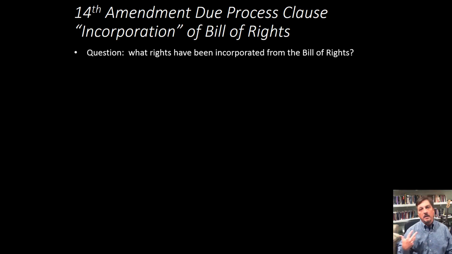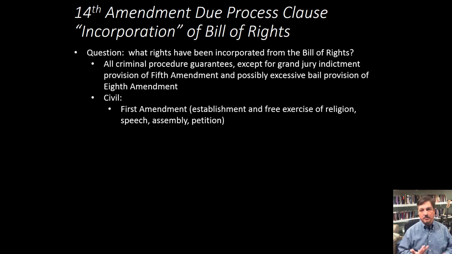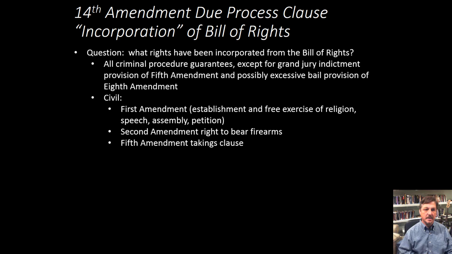Now, we talked a little bit about specifically which rights within the Bill of Rights have been incorporated. And as we discussed, really on the criminal side, all of the criminal guarantees within the Bill of Rights, things like the right against self-incrimination, the right to have witnesses presented against you, the rights in the Fourth Amendment about search and seizure, all of those things, except for provisions about grand jury indictments and possibly the excessive bail provision of the Eighth Amendment.